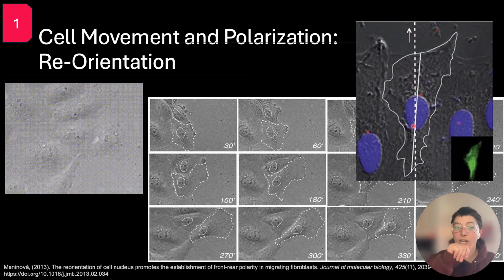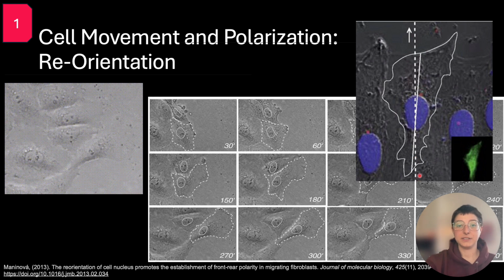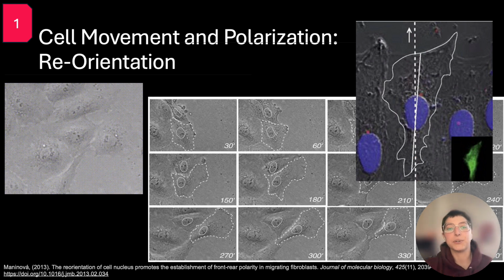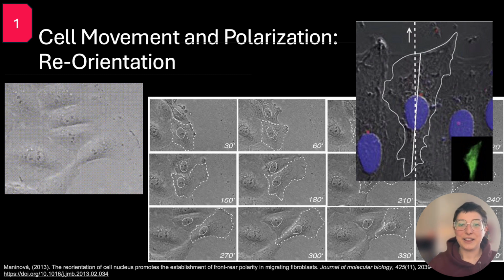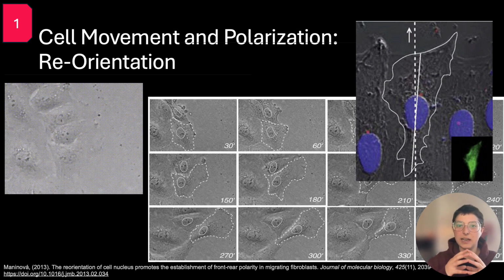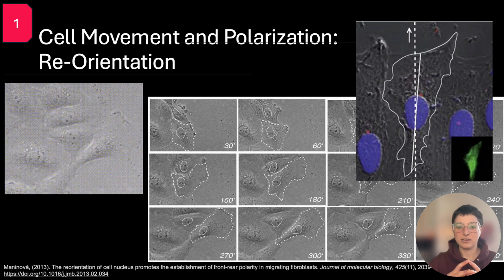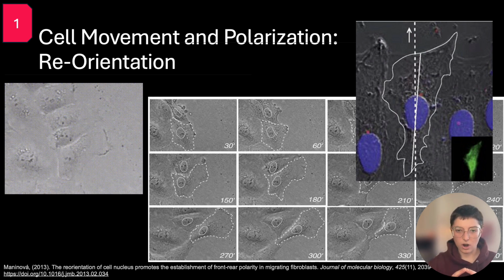So basically, what this paper showed, or whatever I got from it, was that the nucleus is kind of like a steering wheel in a car.